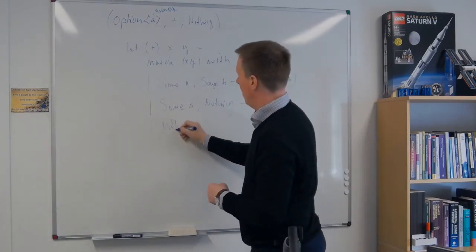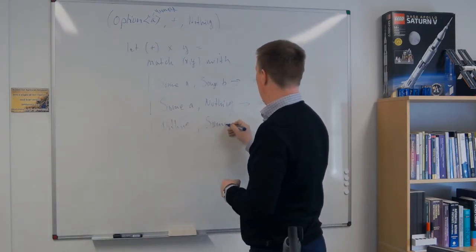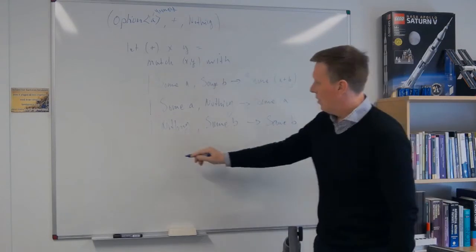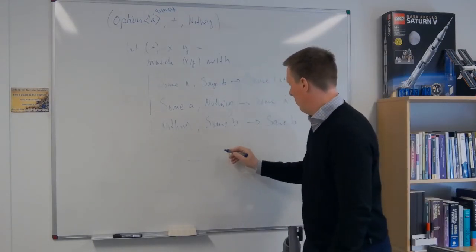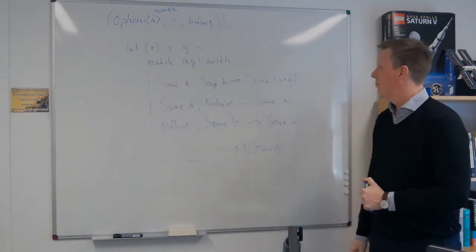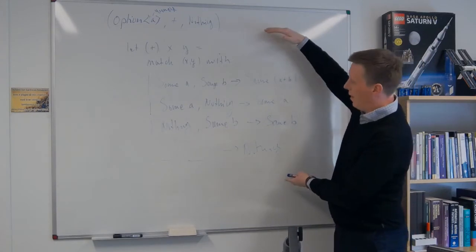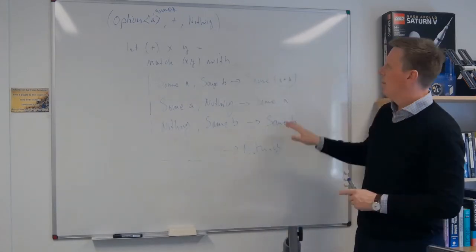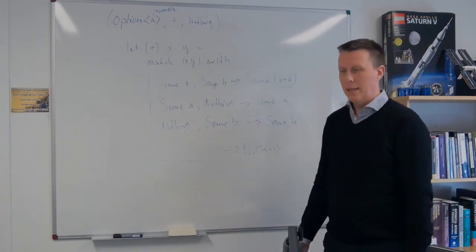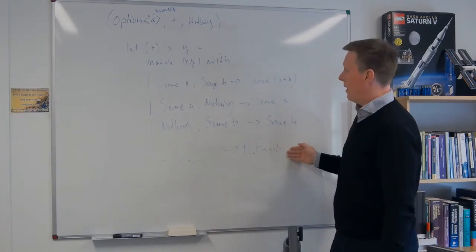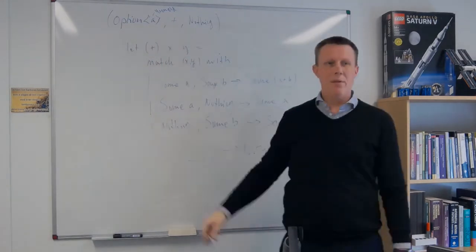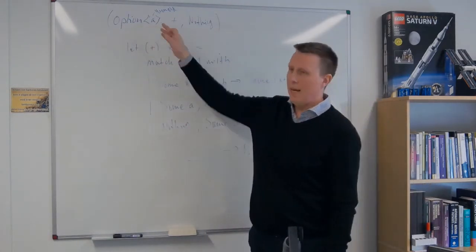And then we have, of course, Nothing, Some B to Some B. And of course, the last one is the Nothing clause, which is just Nothing. So there you go. So now we have actually implemented a monoidal add for the option type. And we can see that option is indeed a monoid, and we can easily implement the monoid for it under the constraint that whatever it contains actually is a monoid as well.